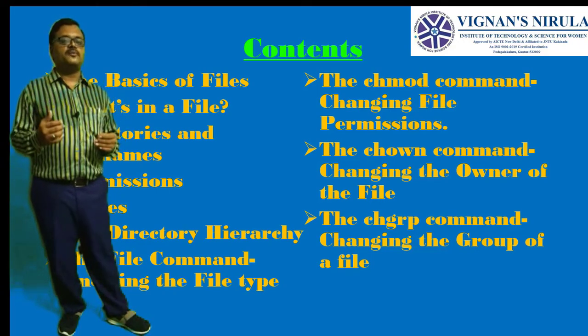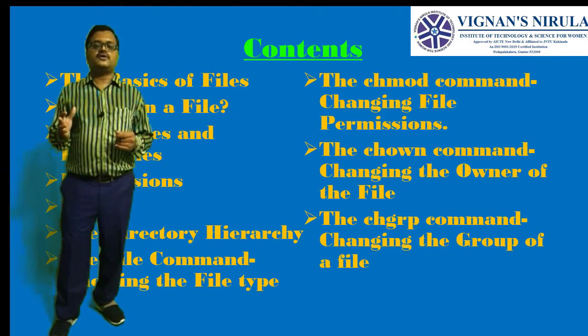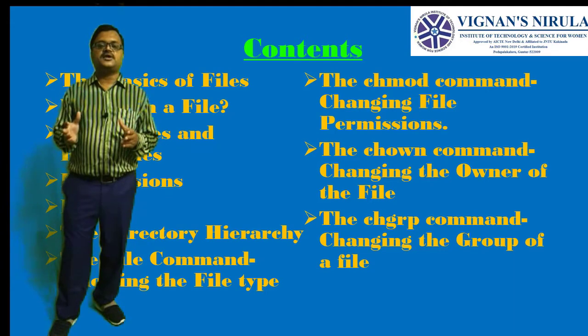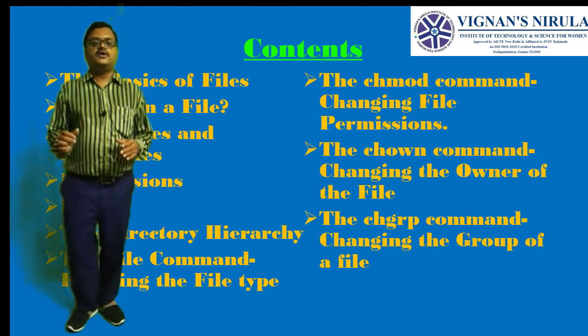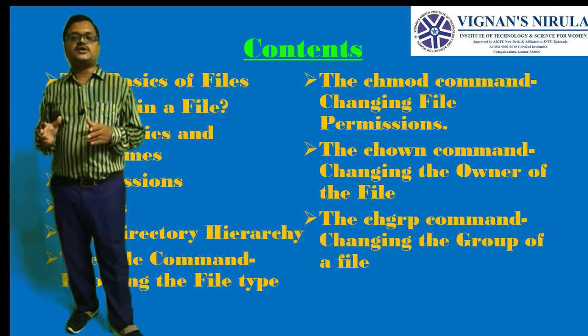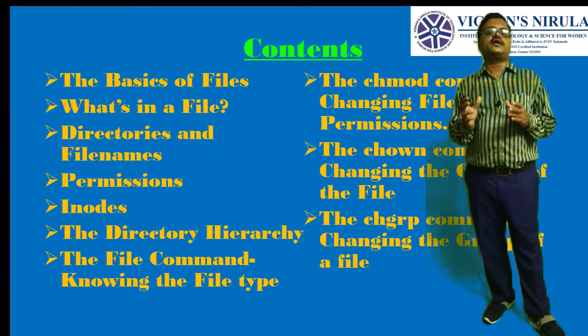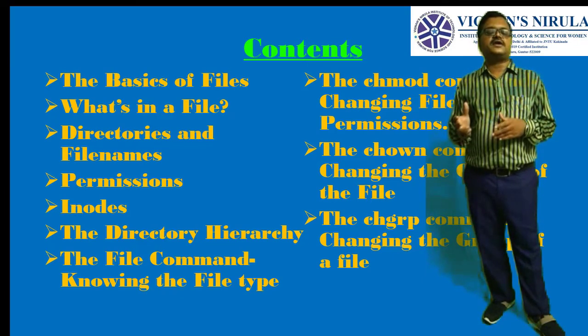And the fourth topic is entirely about permissions. What is a permission first of all? Permission means read, write or execute. Who can do what on a file is nothing but a permission. So with respect to permissions, that is discussed: who can see the file? What is the difference between an executable and a text file?